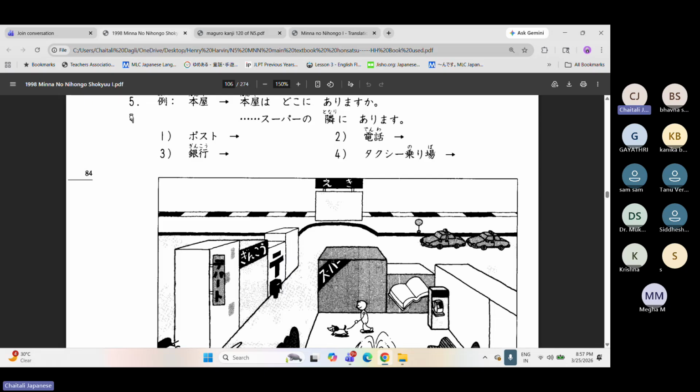The post box will be outside the post office, right? Right, ma'am. So your answer will be, what is post office?